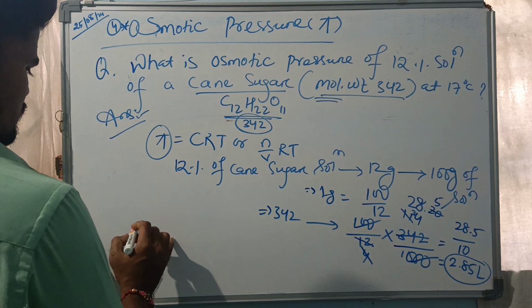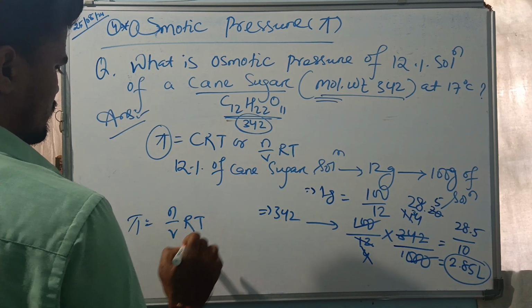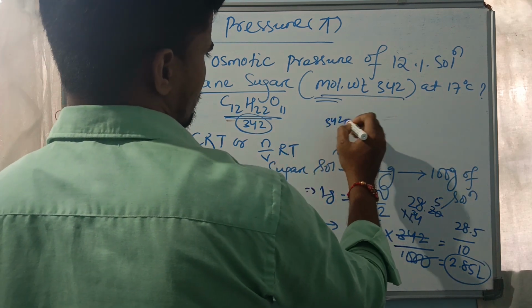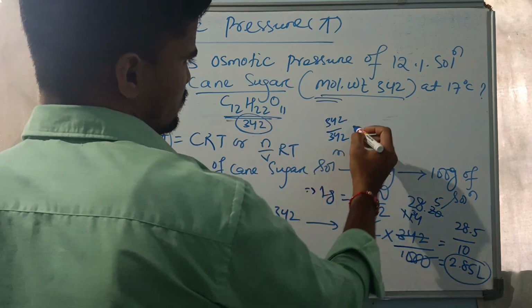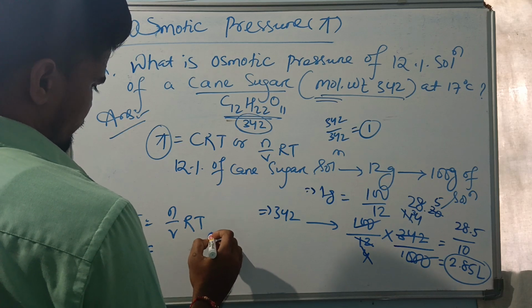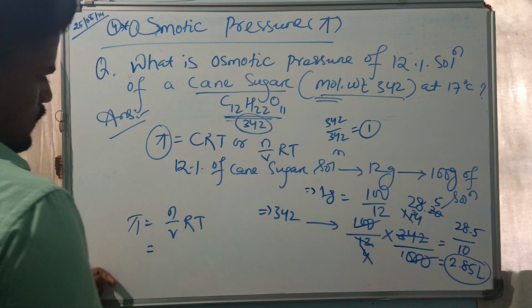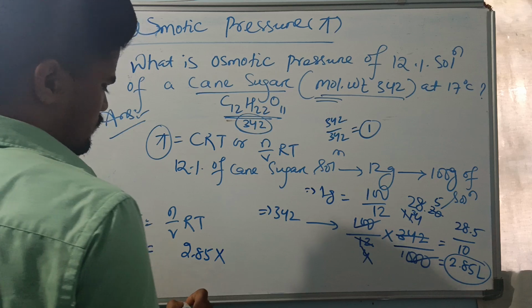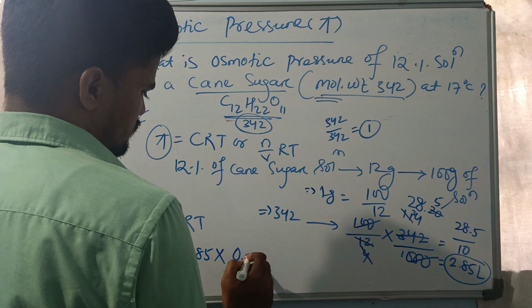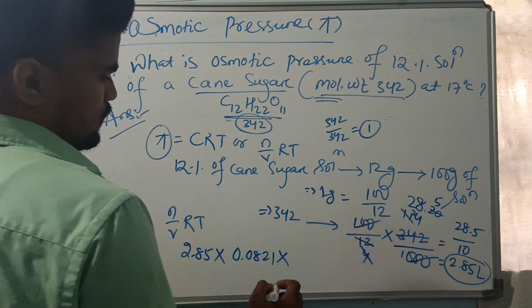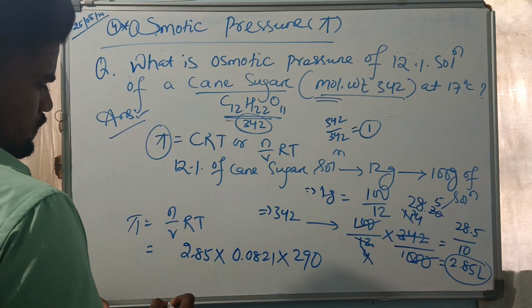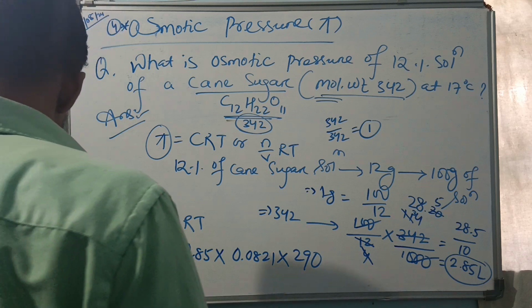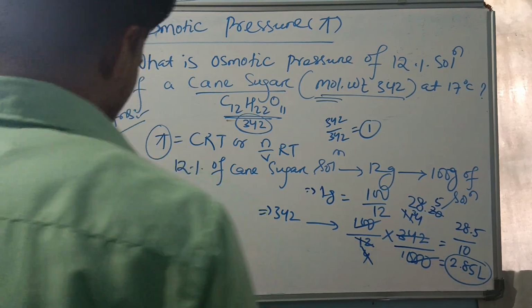Now pi is equal to n upon V into RT. The number of moles is 1, because 342 divided by 342, given mass upon molecular weight, is 1.